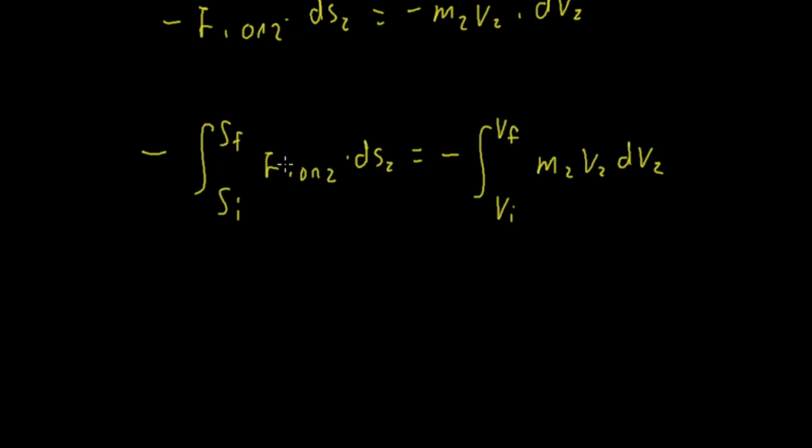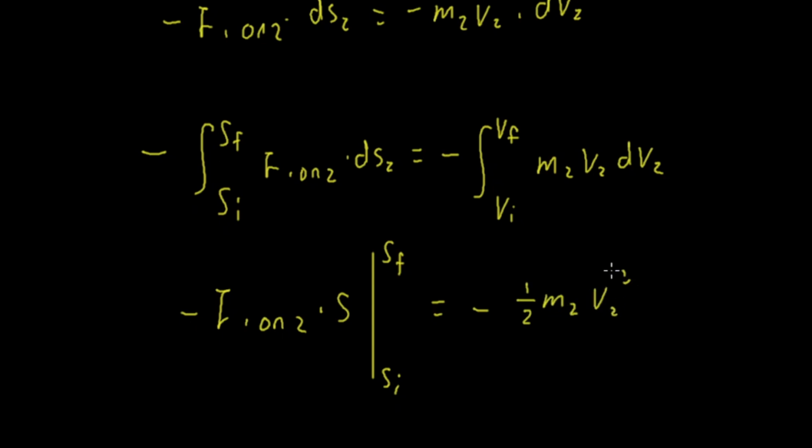Now, this is negative 1, force of 1 on 2 times s, evaluated from initial position to final position, is equal to negative 1 over mass of 2 times velocity 2 squared, evaluated from initial velocity to final velocity.